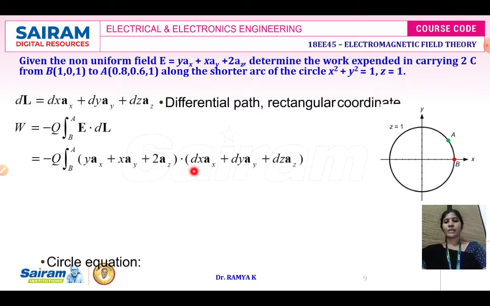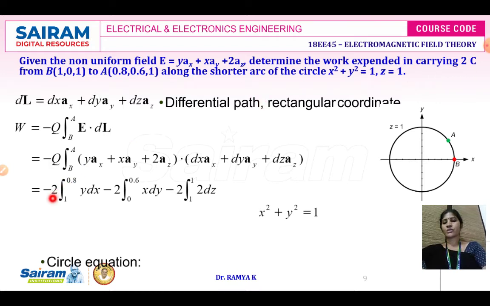So when you multiply, you will get y dx + x dy + 2 dz. When you do so, you will get this particular equation. In this equation, the value of Q is 2 coulomb, so 2 is substituted as such.